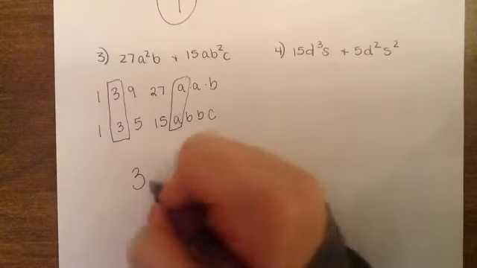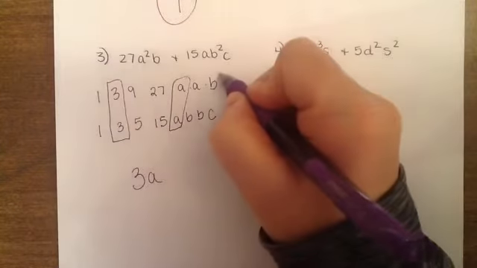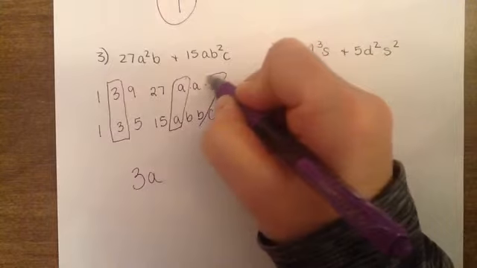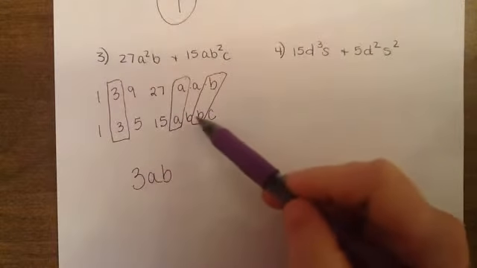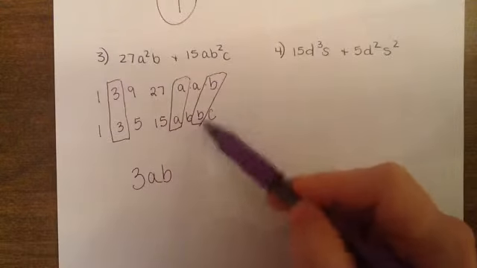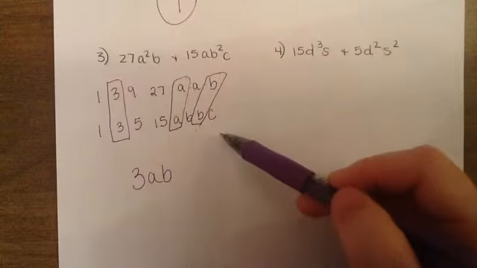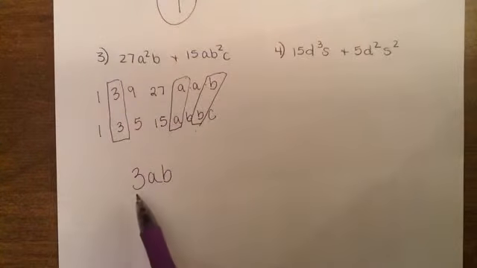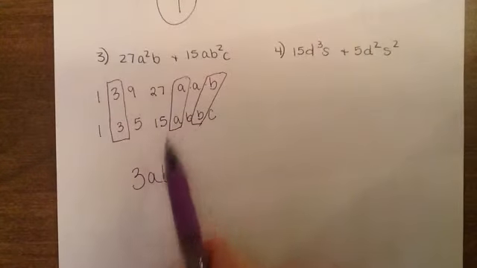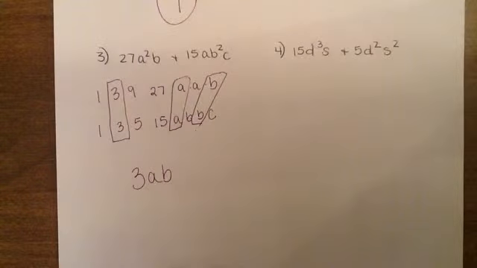So they only have one a in common. What about b's? They have one b in common. This one has 2, but this one only has 1, so they only have one b in common. And do they have c in common? Nope, so I cannot put it here. They do not have c in common. So they both can be divided by 3. They both have at least one a, and they both have one b in common.